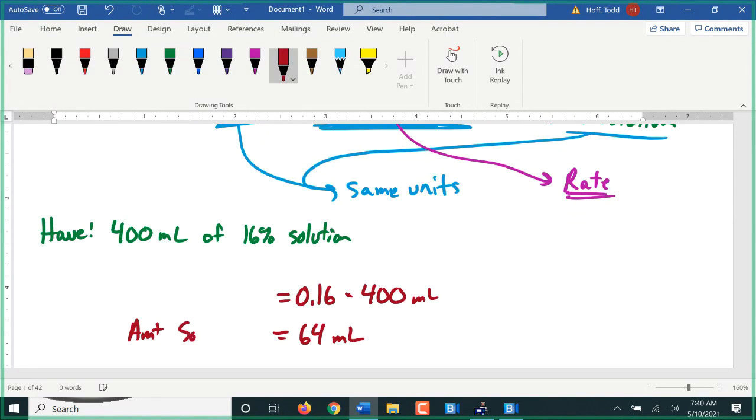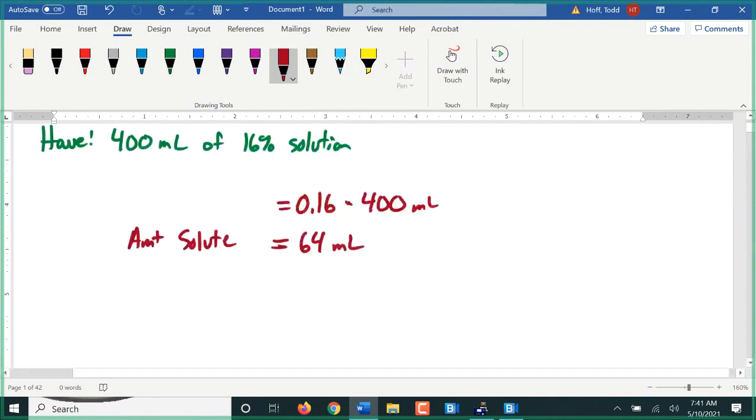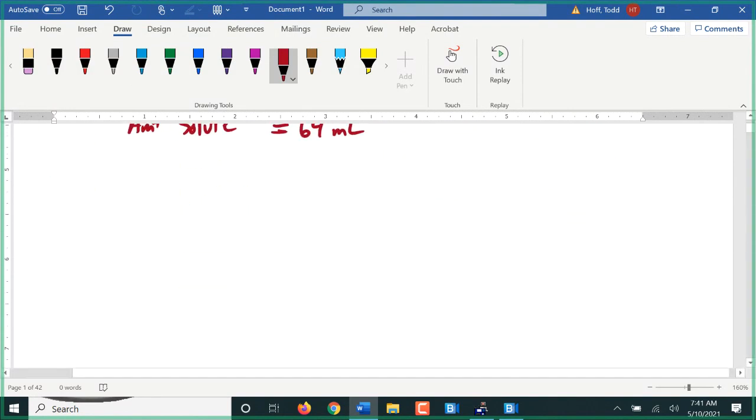Amount of solute per milliliters. We want to mix solutions.